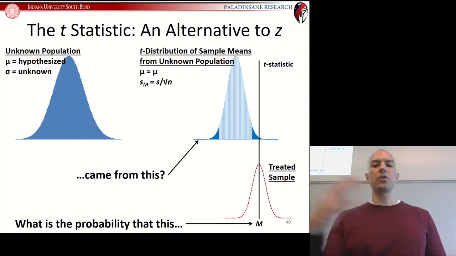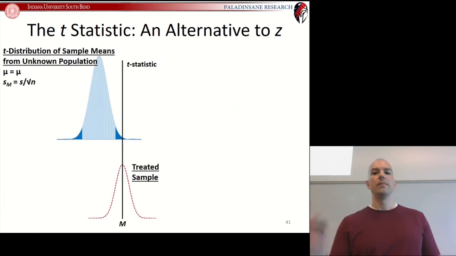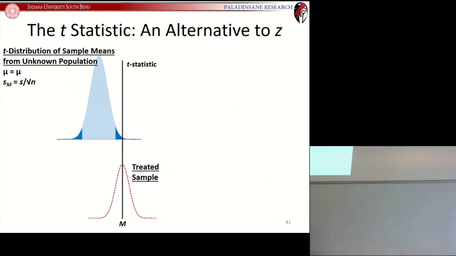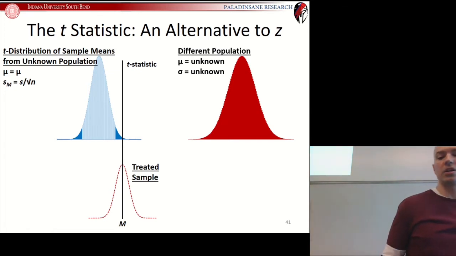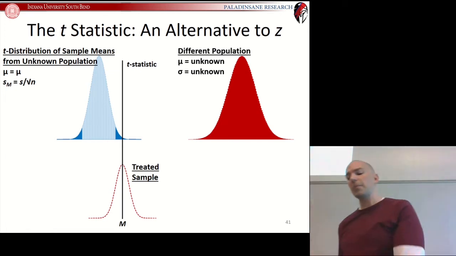So if our treated sample ends up in the tails of our distribution, that means that it's not a part of this population anymore. It's very unlikely that it's a part of that population, and it's much more likely that it's a part of this treated population, this new population that we changed our sample into.